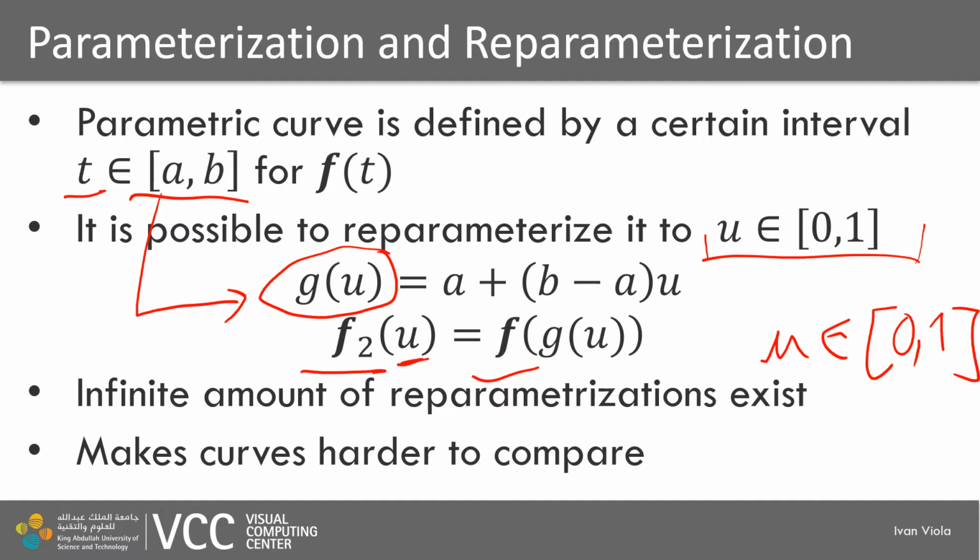So this is a reparameterization function, and by this we can change the parameterization to an arbitrary one. And there is infinite number of parameterizations, and they will all lead to the same curve once they are finally drawn. However, there might be a difference on how they are drawn.